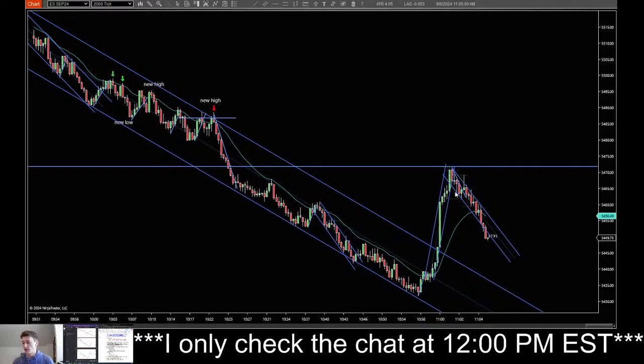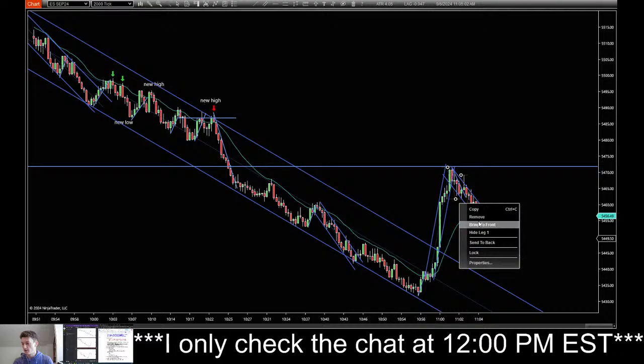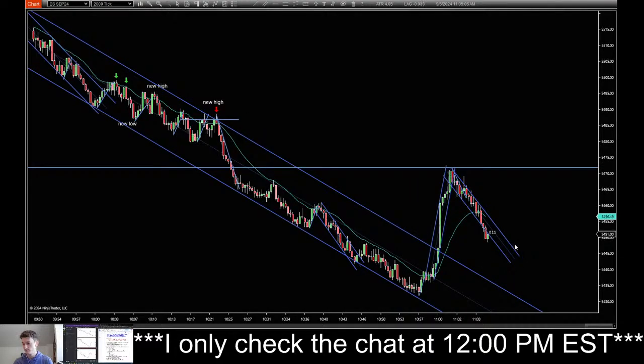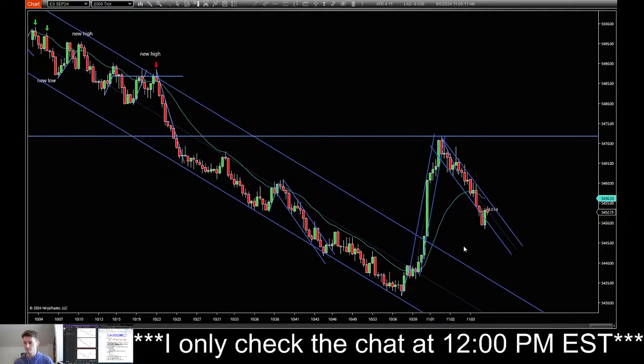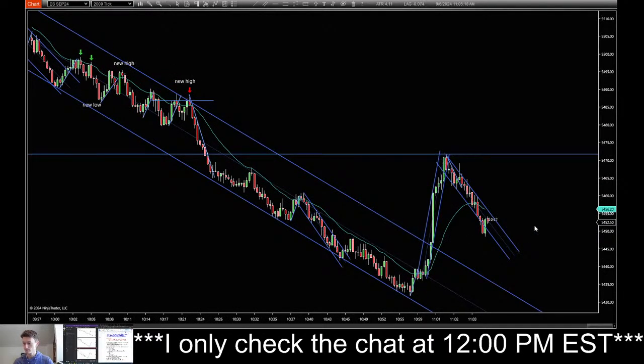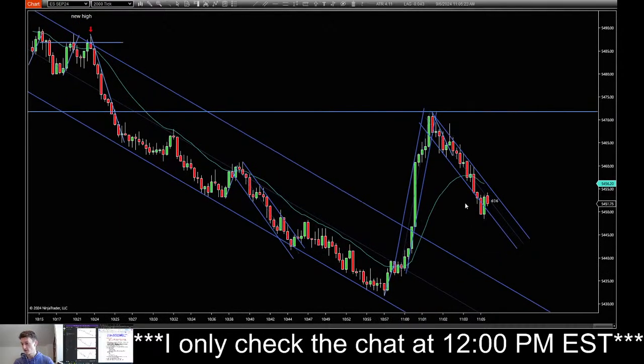Looks like we might just get continuation for the downtrend already. Possible overshoot here.